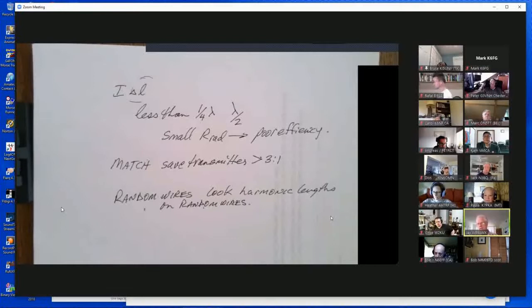At a certain point, it becomes a question of whether the copper is worth it. It depends again on your radiation resistance, how short that vertical is. Like I said, if you've got an 8-foot vertical, normally used on a car or a truck, you've got a sheet metal ground, which works very well.